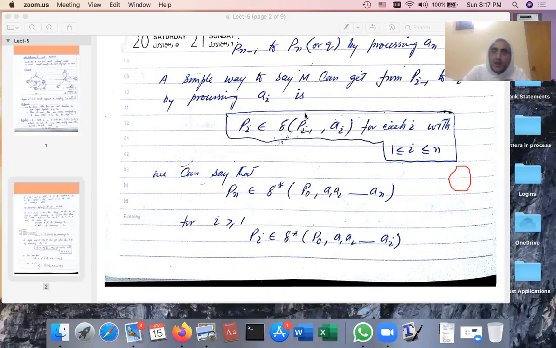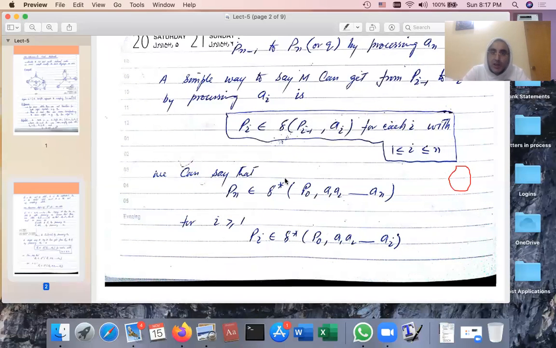which is an NFA. So how can we reach state Pn? We can write it as delta star, which means multiple transitions, more than one transition, and we can reach this state Pn from the initial state P0, but the string should be A1, A2, and so on to An.